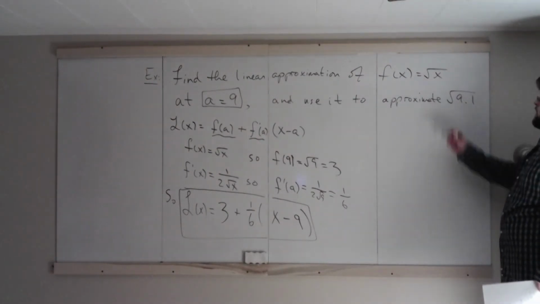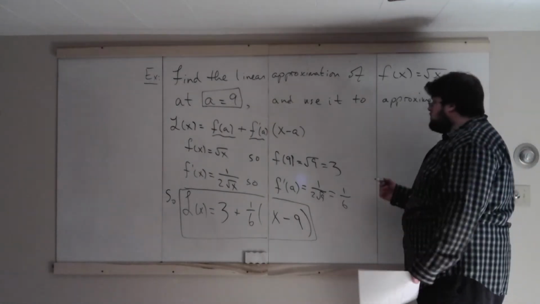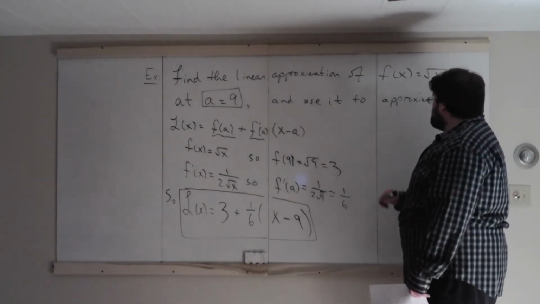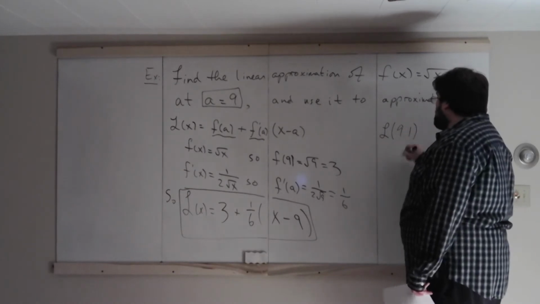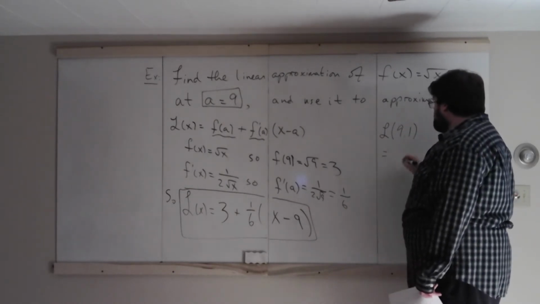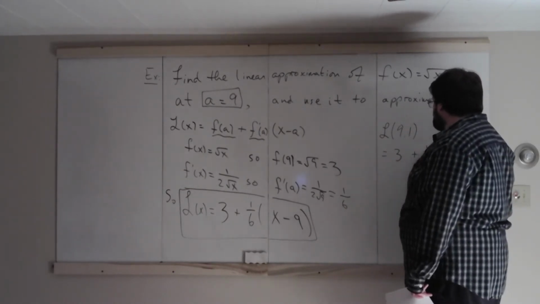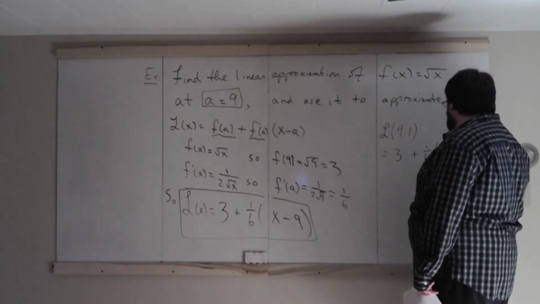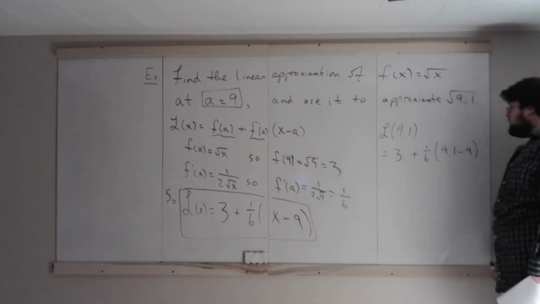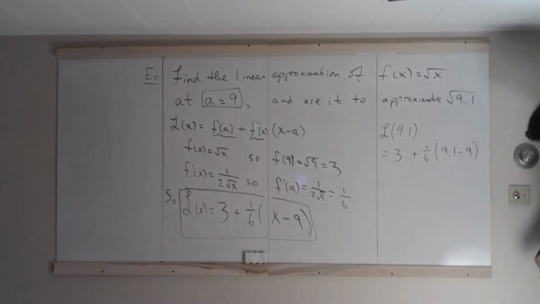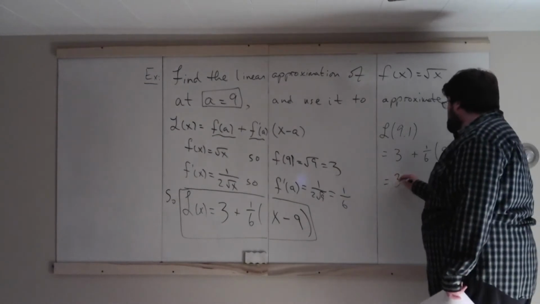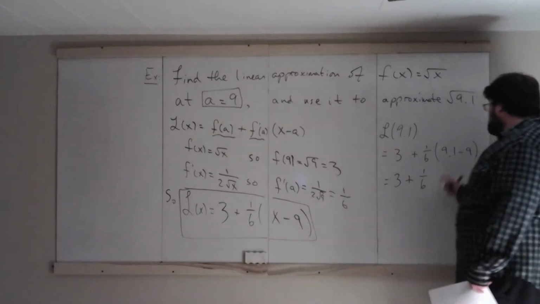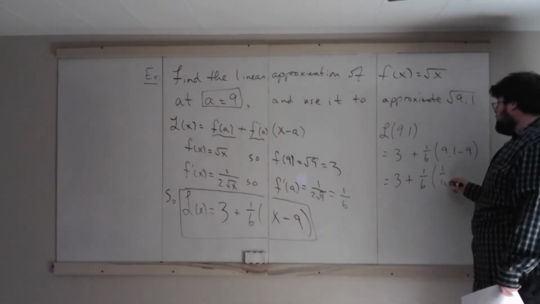Now we have to approximate square root of 9.1, which I'll do over on this board. Approximating square root of 9.1 is just finding L at 9.1. So L at 9.1 equals 3 plus a sixth times 9.1 minus 9. No calculators here. You do not need a calculator here. 3 plus a sixth. 9.1 minus 9 is a tenth.